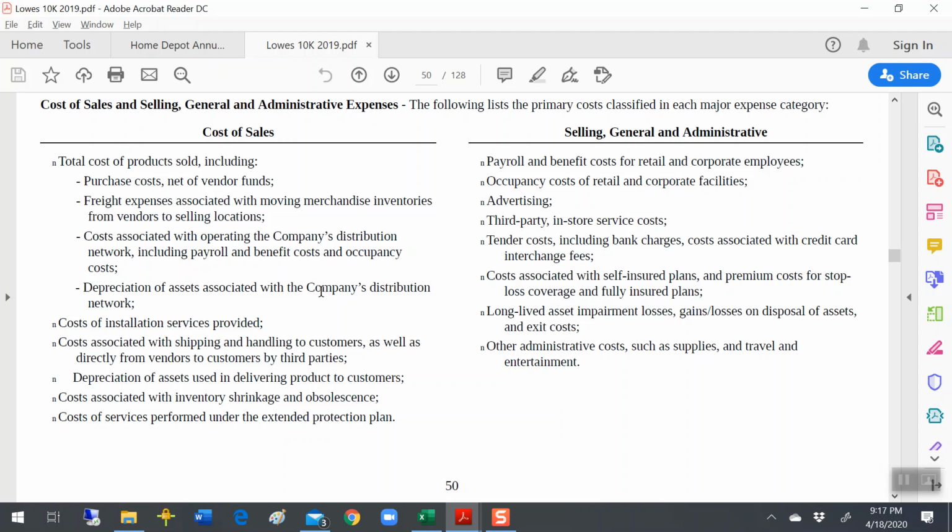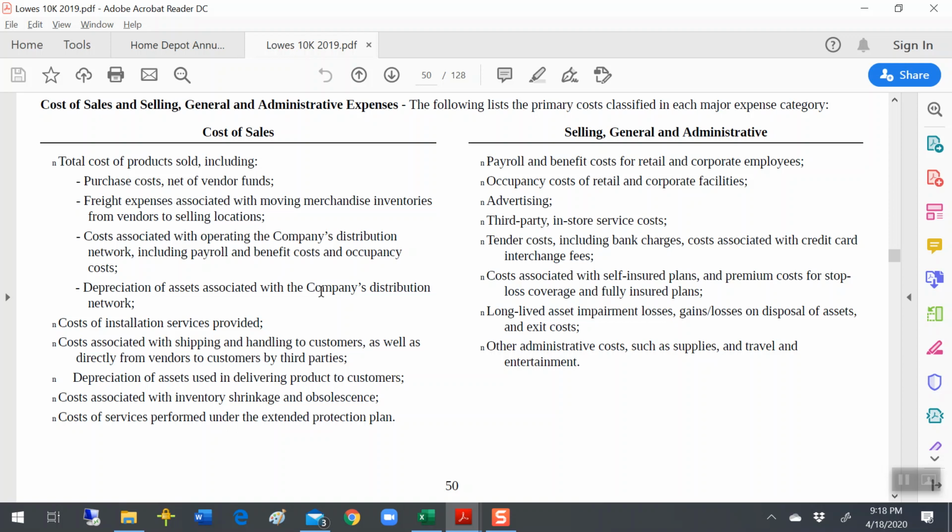And the retail space is the stores themselves. The cost of advertising, third party in-store service costs. Third party is other people doing stuff in the store for you. Tender costs, including bank charges, costs associated with credit card interchange fees. That's all that bank reconciliation stuff y'all were looking at.